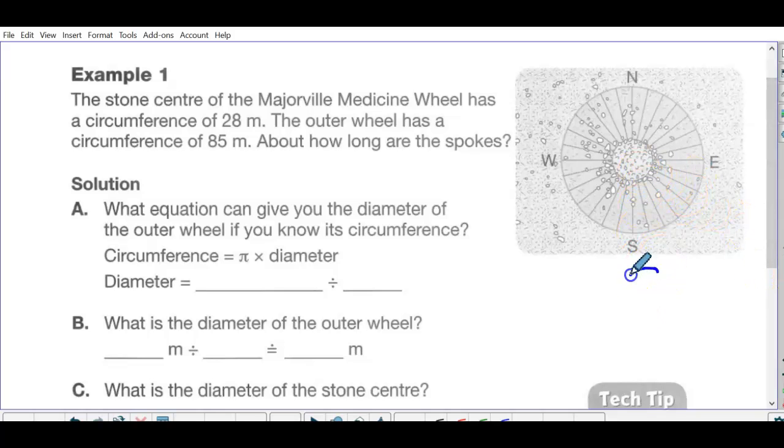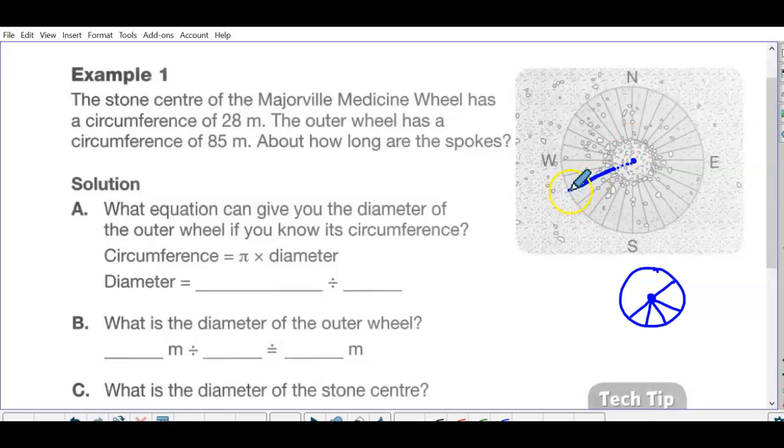On some wheels, spokes might go right from the center, but this doesn't. So this is a spoke here, a little crooked, but if we continue it, it goes to the center. So we want to find just this solid distance here.